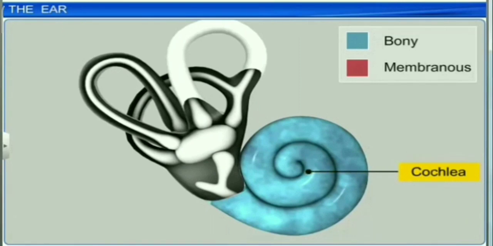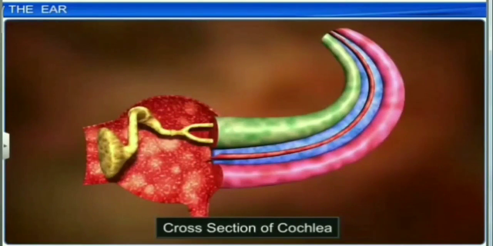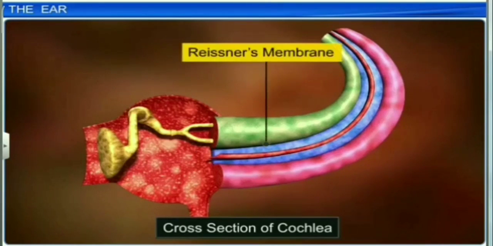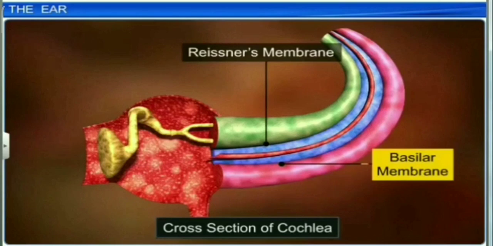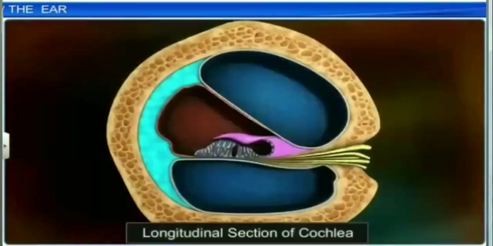If we take the cross-section of the cochlea, we find it contains 3 fluid-filled chambers which are separated by Reissner's membrane and basilar membrane.